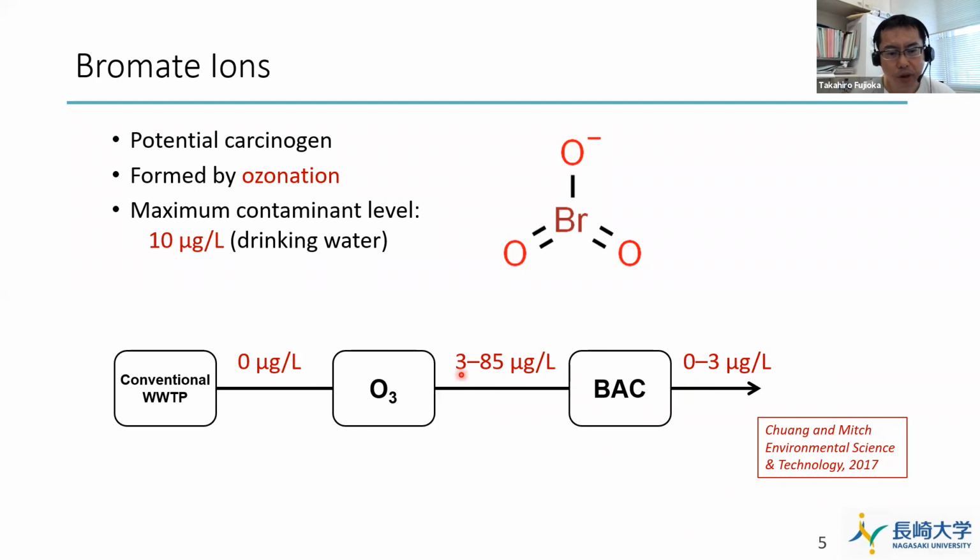The level of formation can change depending on the operating conditions, like precursor concentrations and temperature, but bear in mind that we really have to watch out how much bromate ion is formed.